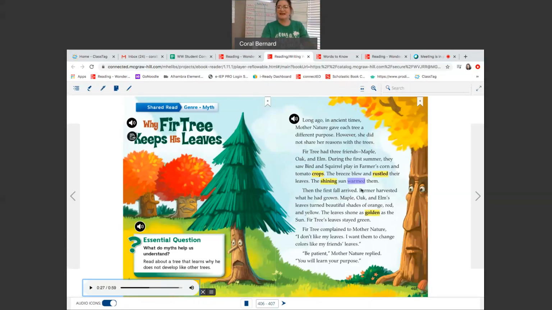The next word we came across was rustled. The breeze blew and rustled their leaves. So if I'm thinking of wind blowing, of a breeze blowing through trees, I picture the leaves moving. And those leaves moving are the leaves being rustled. So let's see. Let's find rustled. Oh, it's the first word here. I'm going to write to move around.